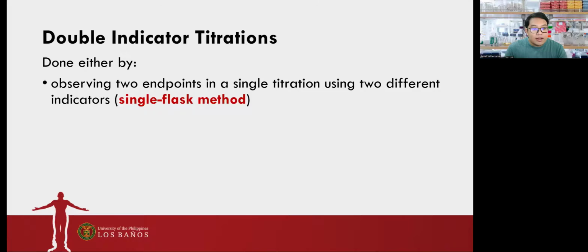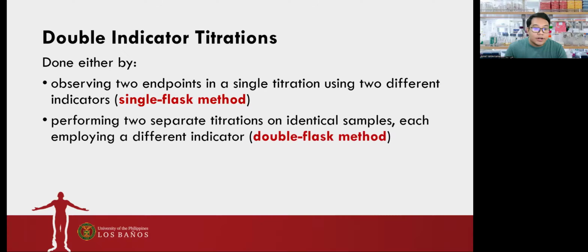So it can either be done via single flask method or double flask method. The single flask method, ibig sabihin lang nito is we will have to titrate in a single flask. So suppose we have one flask using indicator 1, tapos na-reach na yung endpoint ni indicator 1.